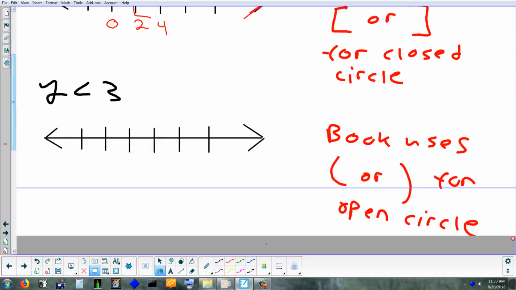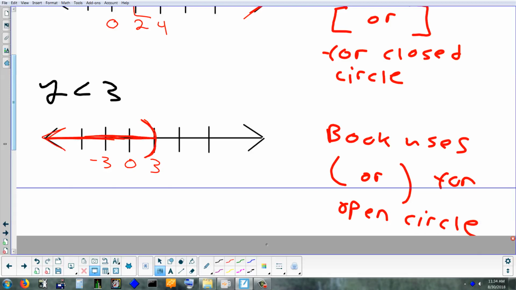So let's graph the same one we just did. But just like a bracket, a parenthesis can open left or right, so you have to know beforehand which way you're going to shade. And Blake, which way am I going to shade this time? To the left. Yep. So parenthesis on 3, shade left.